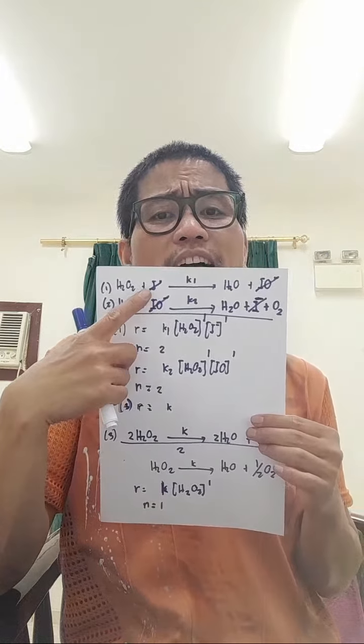And our intermediate will be the iodate, because it is produced first in reaction step 1 and consumed later when it is added to H2O2 again, and in the final product it is lost. So the intermediate is lost in the final product, and the catalyst remains in the final product. So that's your identification.